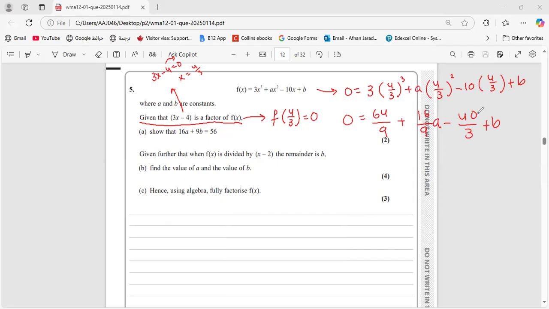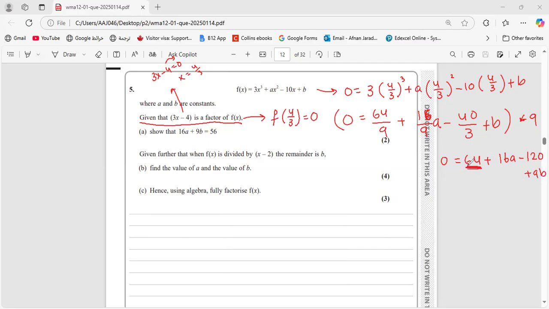By multiplying this equation by 9, it will be 0 equals 64 plus 16a minus 120 plus 9b.